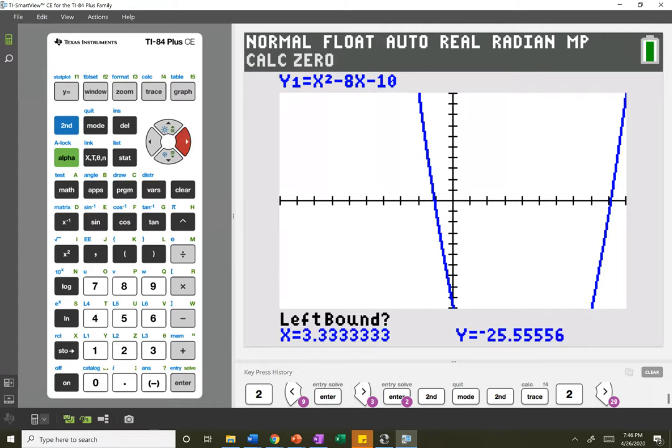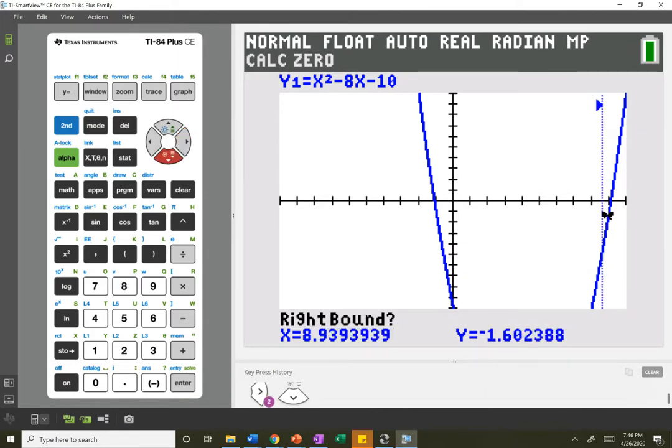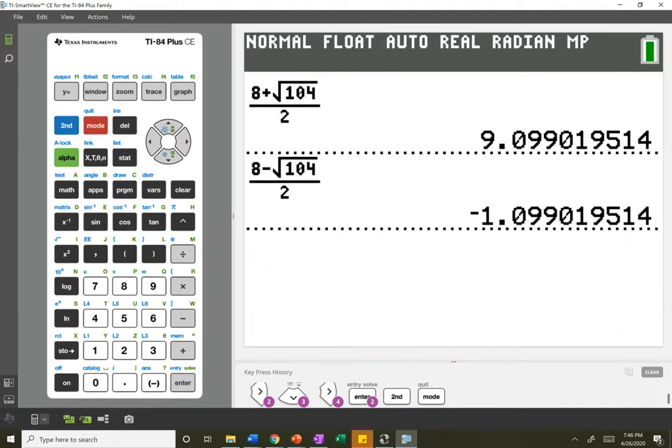Mr. Blinky is currently at the bottom of the parabola working his way back up. Oh, there he is. So I want to be on the left-hand side, and then I jump over to the right-hand side. Enter. Enter again, and boom, he jumps. 9.099, which is exactly what we had right here.